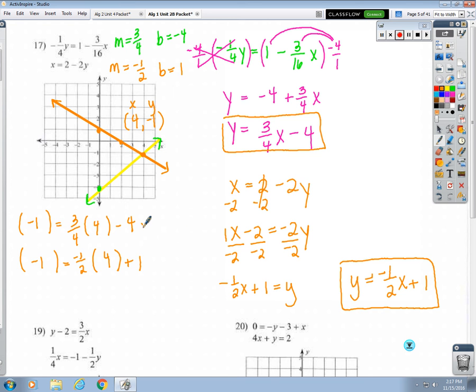So that lets us know that that ordered pair worked in the first equation, which was this one, which was originally this one, right? Okay, Lel, what did you get when you typed in -1/2 times 4 plus 1? Okay, somebody else. Genesis? Right. So since that point, when plugged into both of our equations, made true statements, that means we did it right and that is our answer. Does that make sense to everybody?